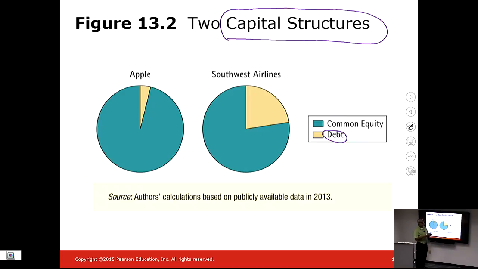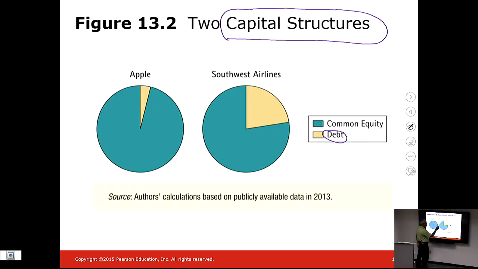So there needs to be fixed assets that can be held as collateral against the debt. Apple, on the other hand, works mostly in an area that is based on intellectual assets, not so much physical assets. Thus its level of debt is lower, because it does not have tangible assets to offer as collateral. So that's one of the reasons why their capital structures are different.